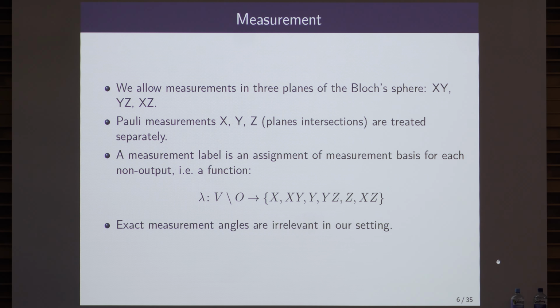Something else that I want to point out here is that the exact measurement angles that would correspond to the planar measurements are irrelevant in our setting. Always we would have to specify at which angle we are measuring a qubit in a plane, but that won't be important in the model that we will soon look at, of Pauliflow.